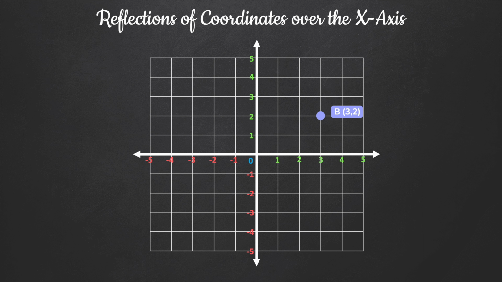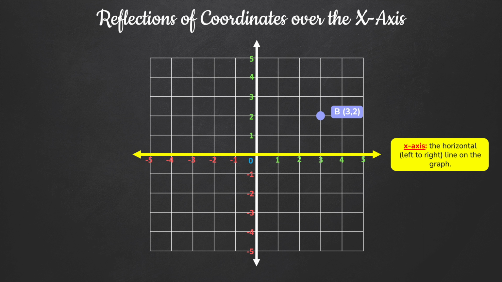In our new example, we have point B, which is at 3, 2. Remember that we're reflecting it over the x-axis, and the x-axis is the horizontal line on our graph. So point B is 2 units above the x-axis.